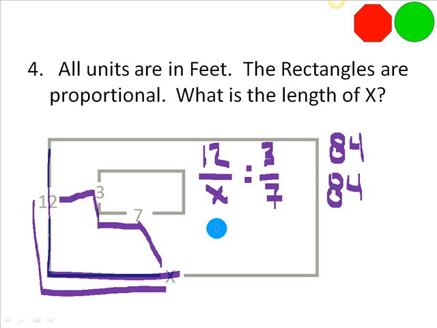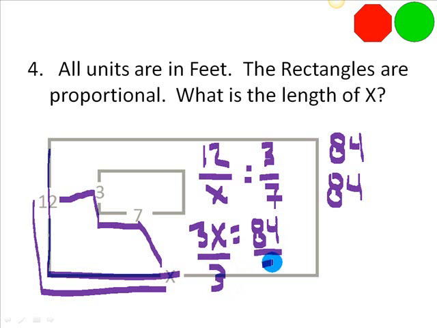So let's set that up and then solve that. So we have 3x equals 84. If I divide both sides of this equation, meaning that this is in balance, if I divide both sides of this by 3, I haven't changed the balance any. So we'll divide both sides by 3. And I wind up then being able to cancel this 3 with that 3.